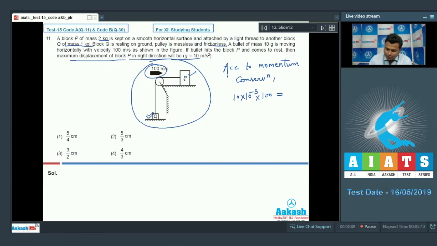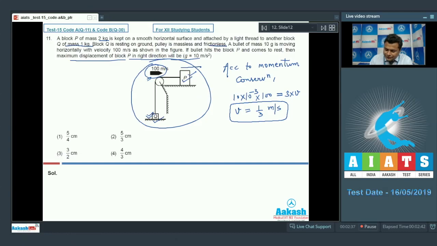Finally, these two blocks P and Q are moving with same common speed V, and bullet comes to rest. So we can write common speed V, and the total mass of system is P plus Q, that is 2 plus 1, that is 3 kg. So 3 into V. From here we will calculate the common speed V as 1 by 3 meter per second.